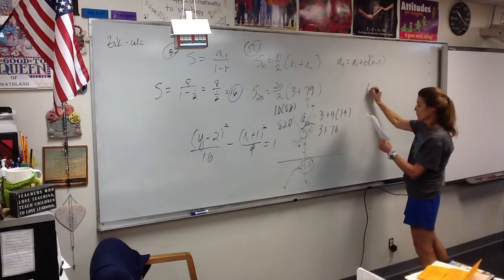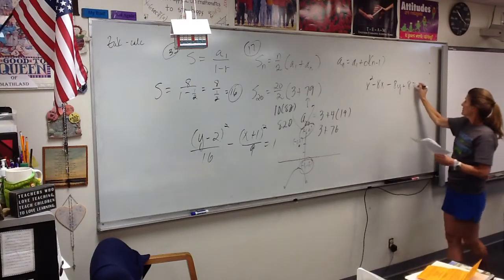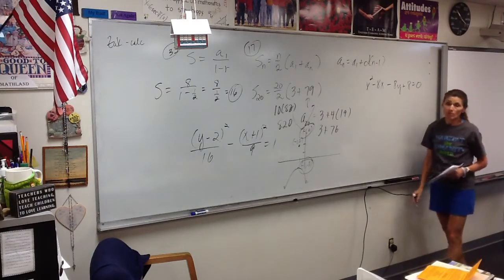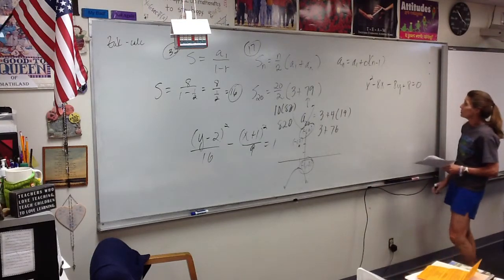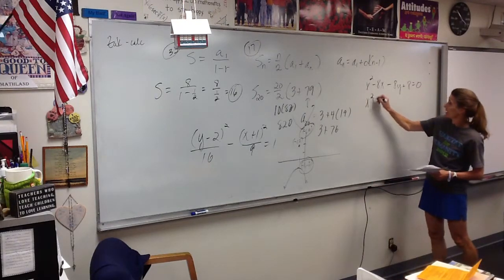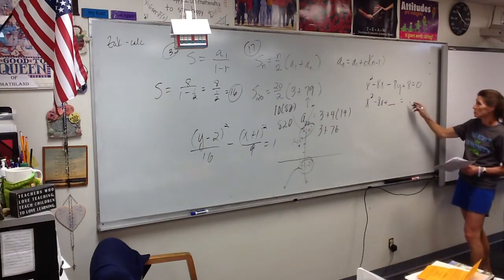38, find the vertex of this equation. This is not in standard form, so the first thing you're going to have to do is put it in standard form. Remember, we get the x terms by themselves because they are being squared, so we're going to have to complete the square.